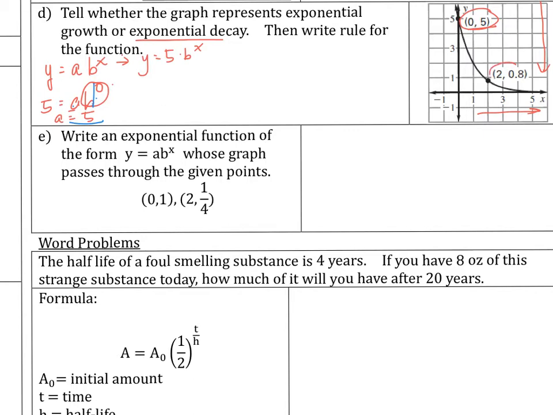And then I'm going to use this point to find out what b is.